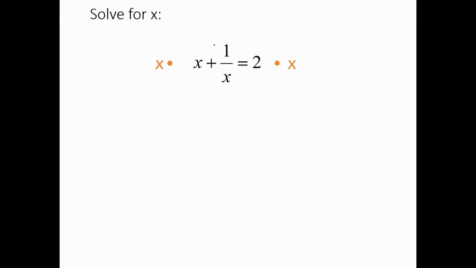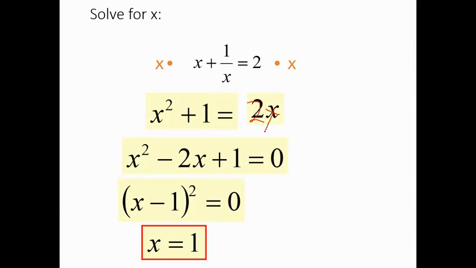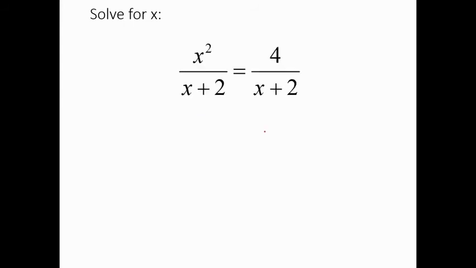Let's take a look here. We just have an x. So now we get x squared plus 1 is equal to, we do have a 2x on this side from up above. So we get an x minus 1 squared, which means x is equal to 1. Again, that doesn't turn our denominators to 0, so we're good. Let's take a look at this one.